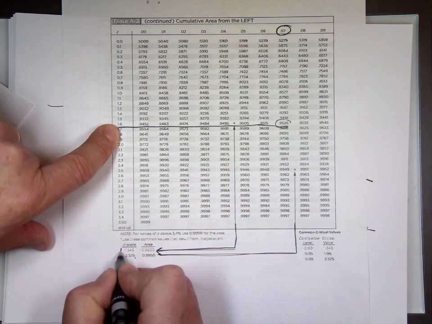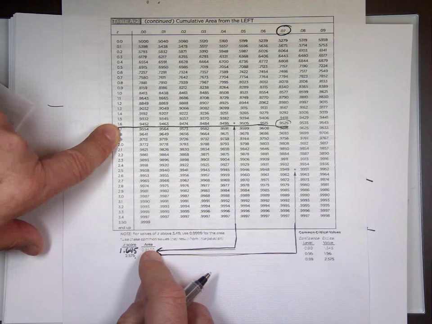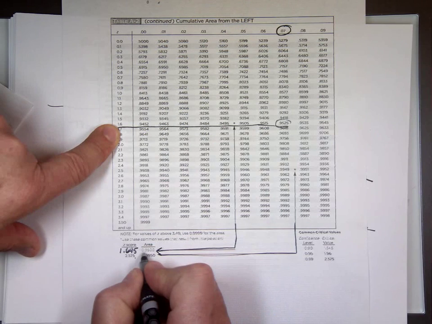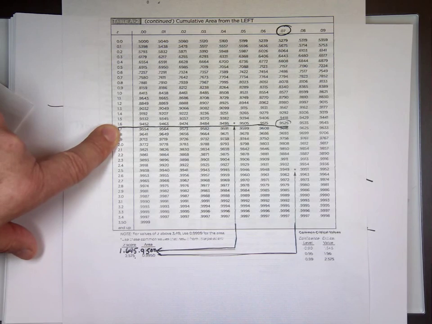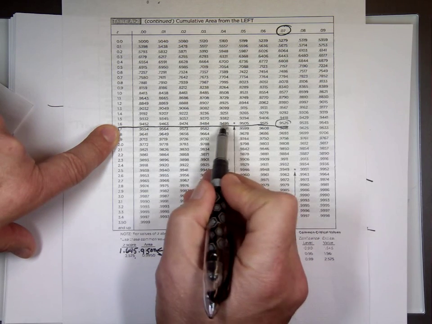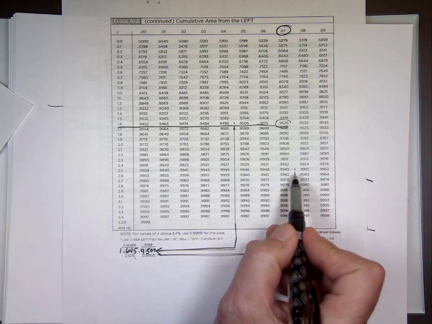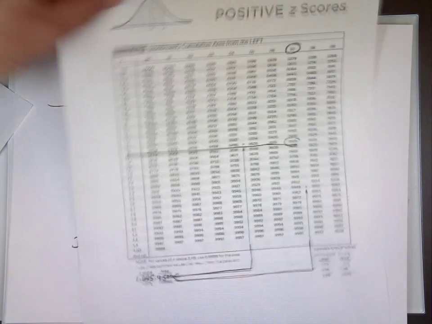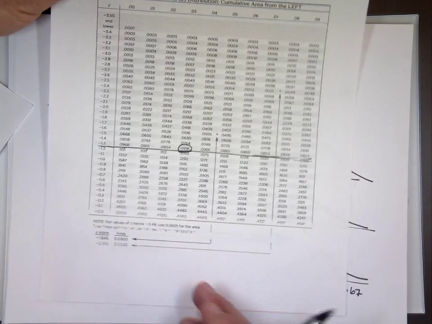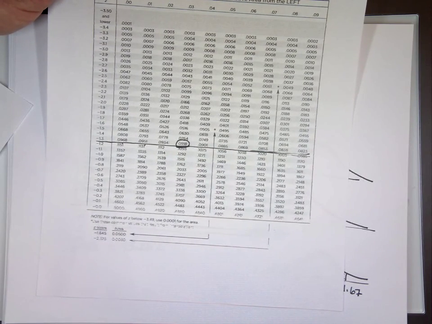So it's 1.645. And the value for that, we're going to use 0.9500. It's halfway between these numbers. Are those numbers common? Yes. Well, it just happens to be that 0.95 is halfway between them. You'll see in a minute why these were circled. When we get to the confidence interval, when we start talking about a 95% confidence interval, we need to know what these numbers are.